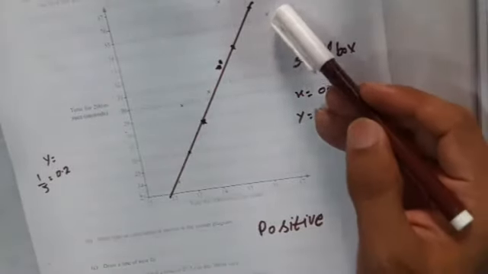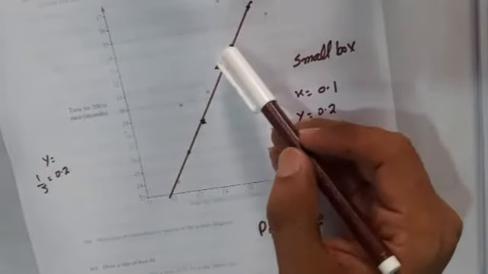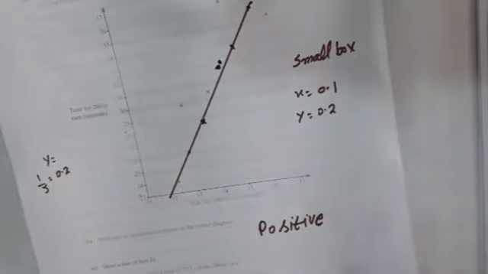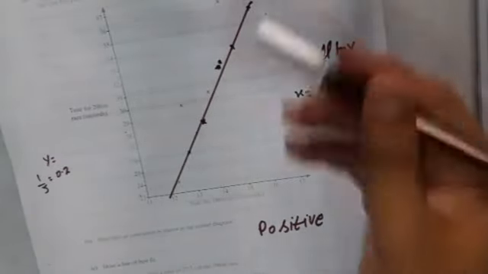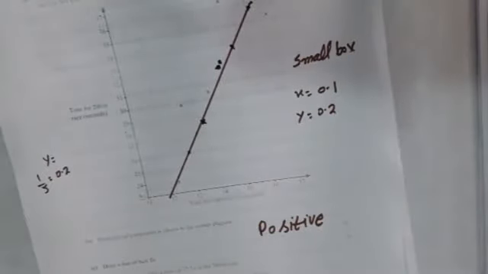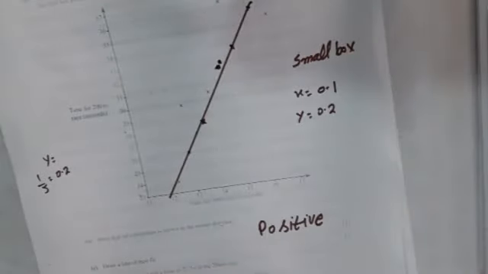Like this, 1 and 2 are here, and 1, 2 here. These are approximately close to this line of best fit. So this can be your line of best fit. That covers 1, 2, 3, 4 points. No other line can cover 4 points.